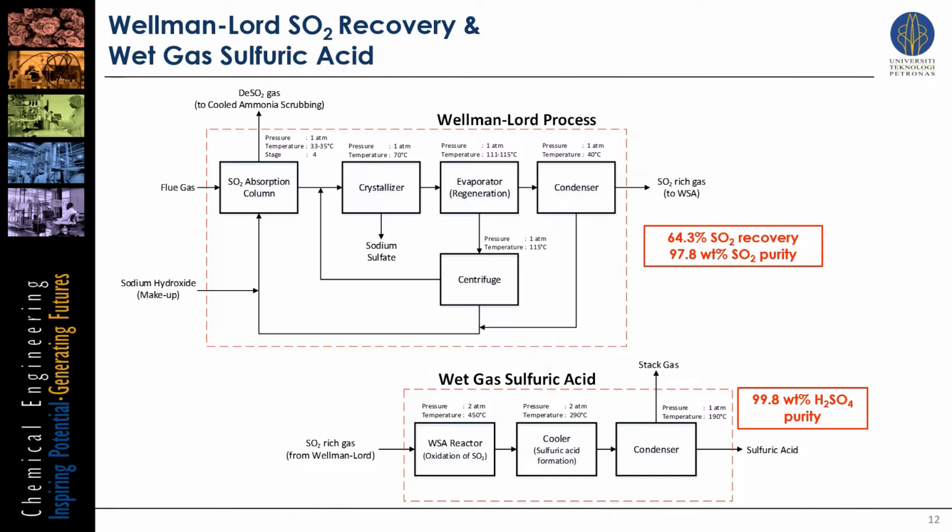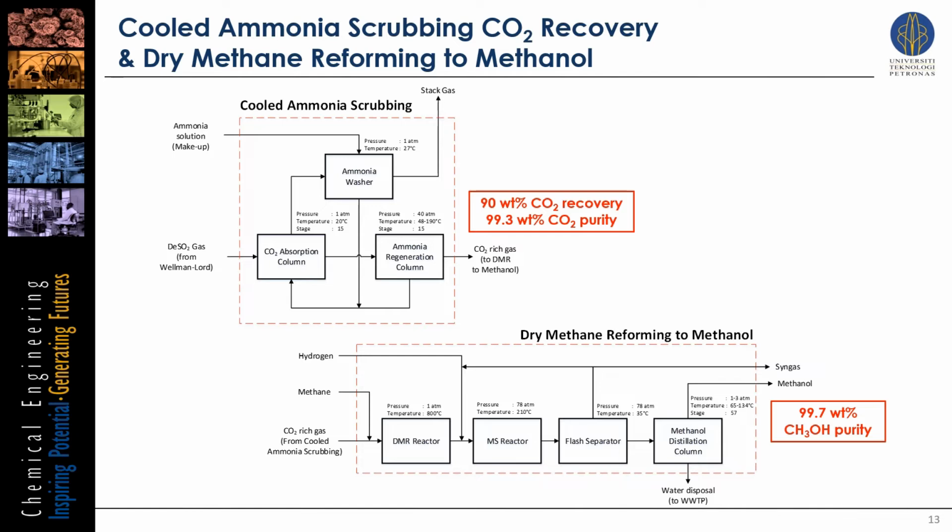The SO2-rich gas from the absorber then undergoes the wet gas sulfuric acid process to be converted into 99.8% sulfuric acid. The desulfurized gas, on the other hand, is sent to the CO2 recovery unit, where cold ammonia scrubs CO2 off the flue gas. The recovered CO2 then undergoes dry methane reforming to produce 99.7% methanol as the distillate product.